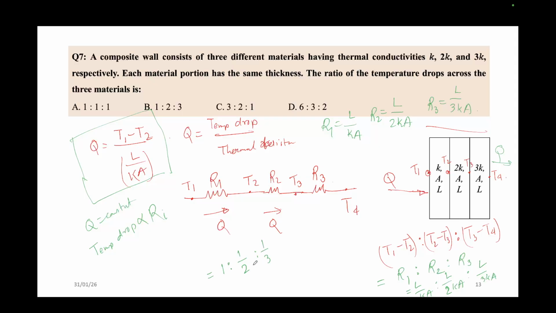Ultimately, if I multiply all three sides by 6, what will I get? 6 is to 3 is to 2. So the correct option is option D. You got it?